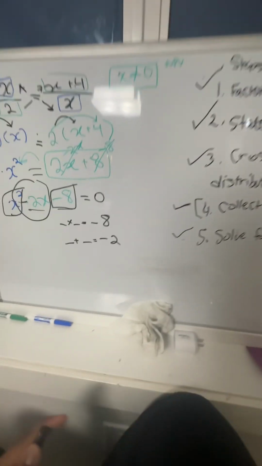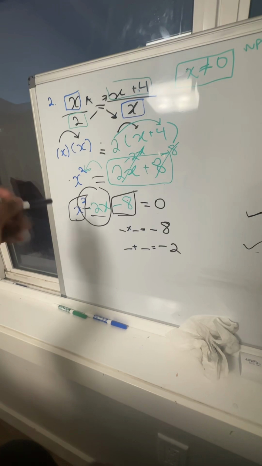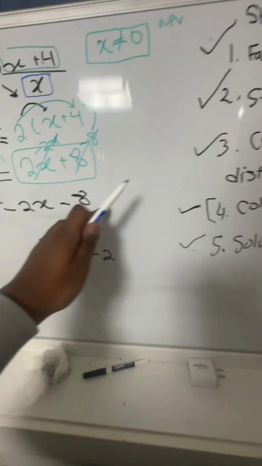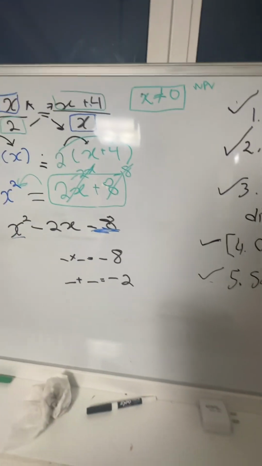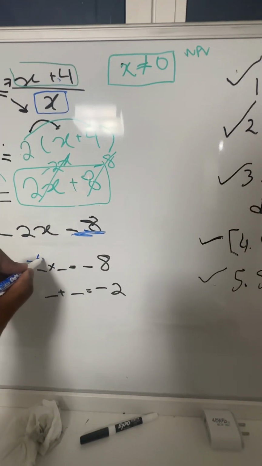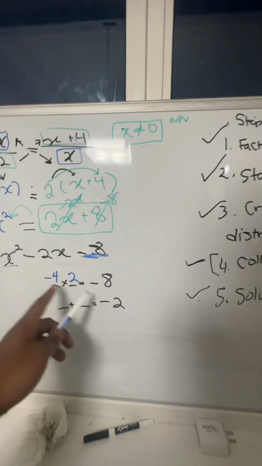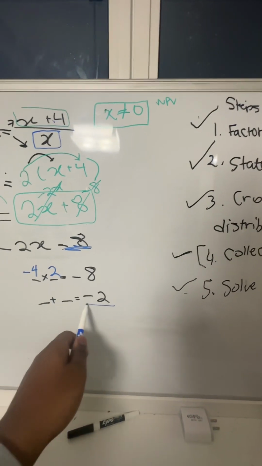But for me, what multiplies to -8 would be -4 and +2. So what multiplies to -8? Remember this and this. -4 and 2.